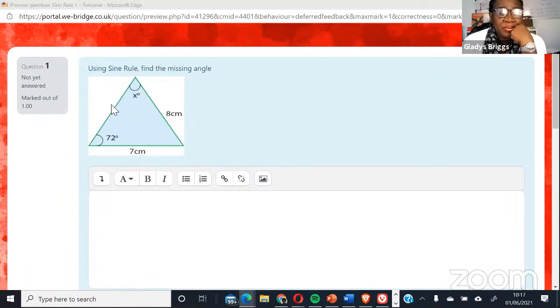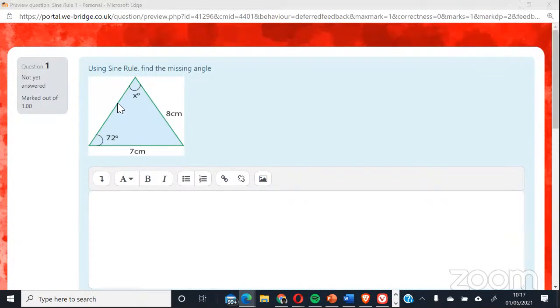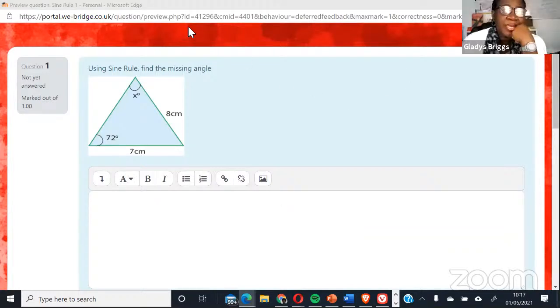Can you see the triangle? Yes, okay. Yeah, so now these are the rules we use when we're not dealing with right-angled triangles, okay? These are the rules we use to find missing lengths and missing sides.